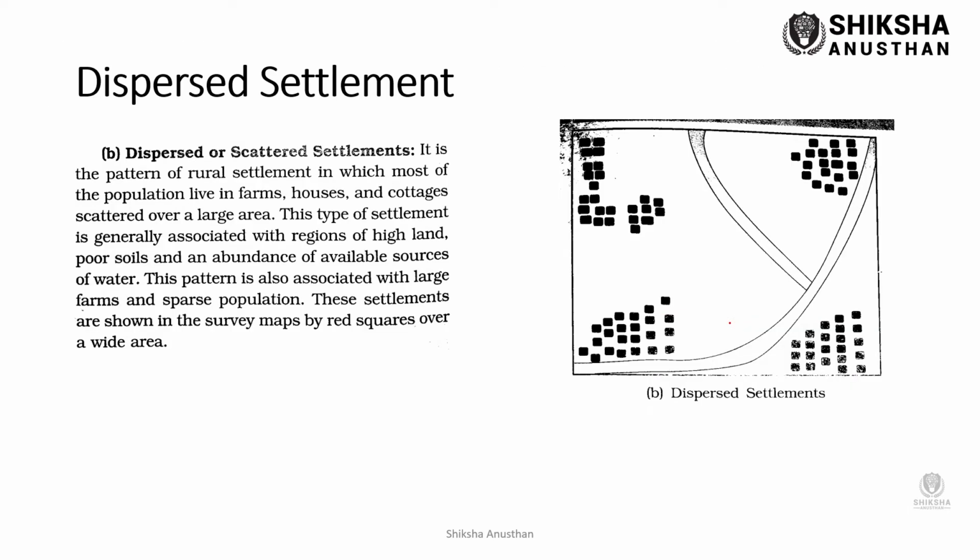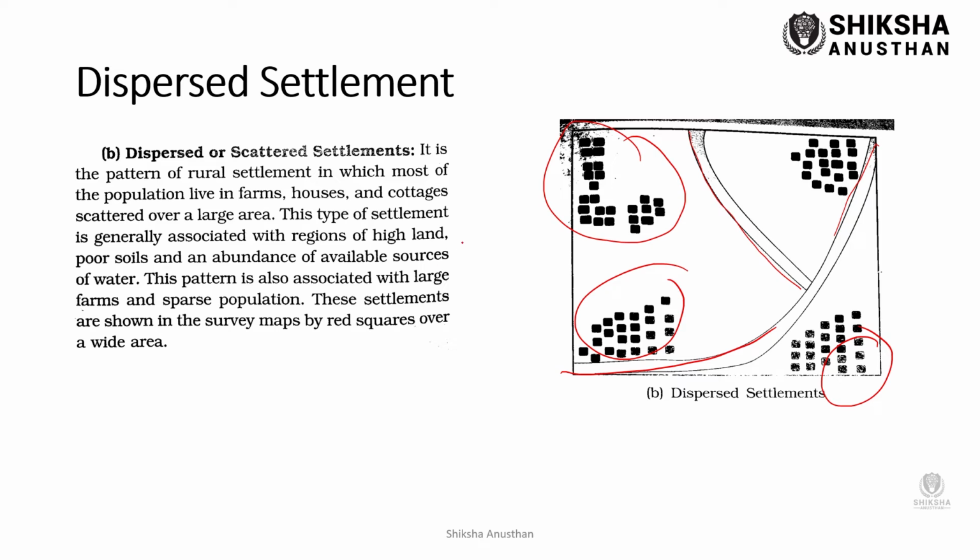Then coming to dispersed settlement. Dispersed or scattered settlement is a pattern of rural settlement in which the population lives in farms. The population is dispersed, with some houses here, some houses over here, and the roads are also not in a proper shape. They run along the line and so on.